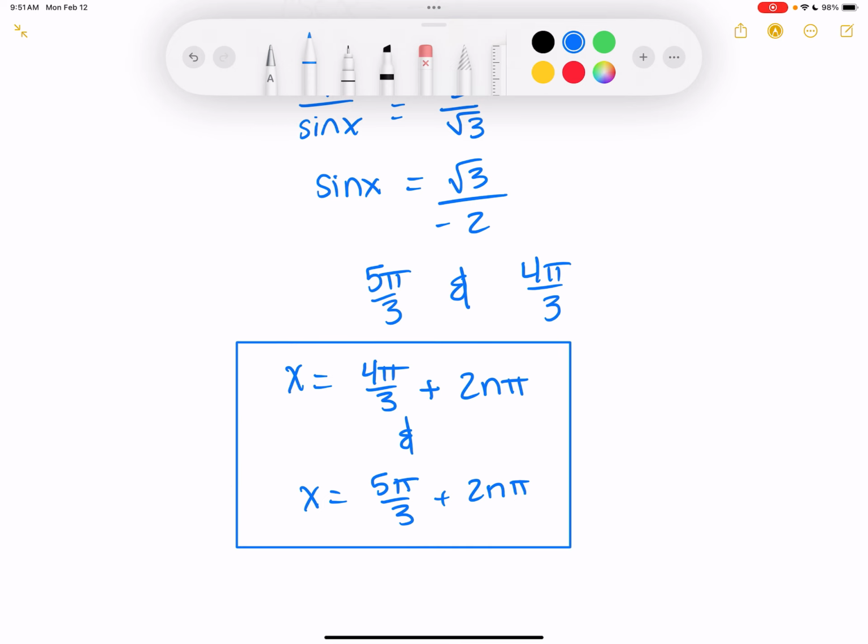And n is just any number, because when we're looking for general, it's every place on the unit circle, and there would be infinitely many occurrences. So we could replace n with 27, and we would get the values on the 27th time around.